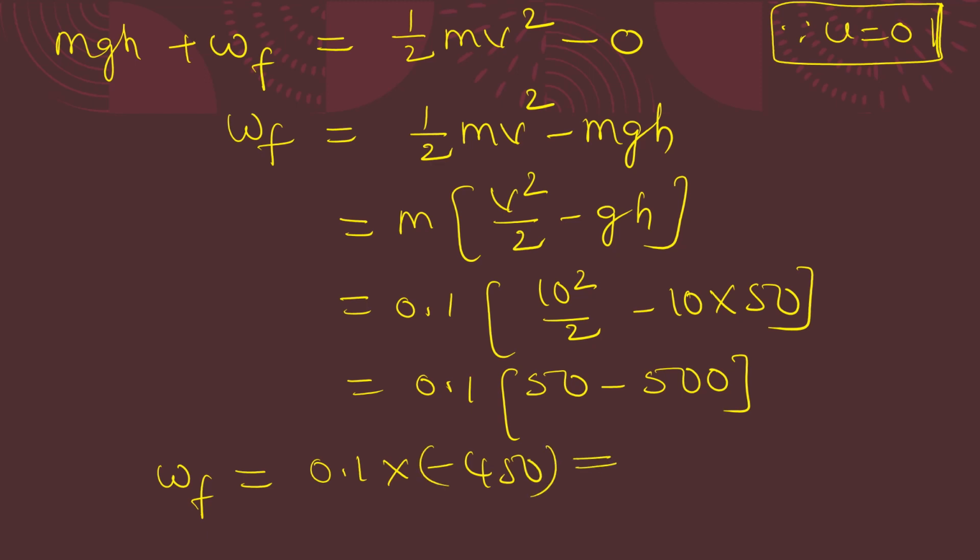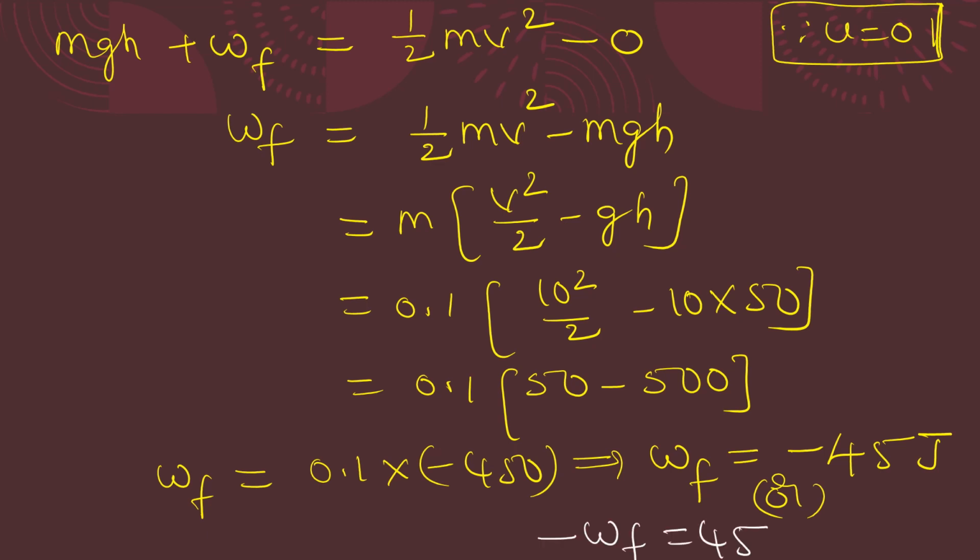So Wf is equal to minus 45 joules, or this can be written as minus Wf is equal to 45 joules. Either Wf is equal to minus 45 joules or minus Wf is equal to 45 joules. Okay.